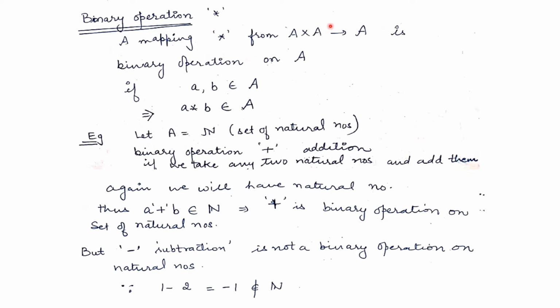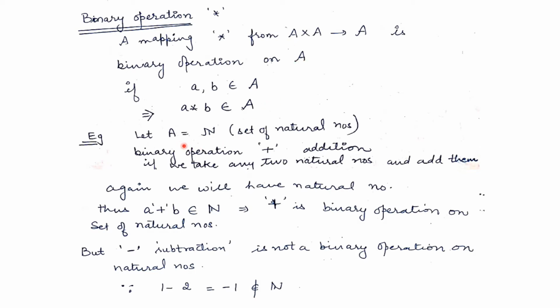Again we have an element of A. So if we take a and b from set A and apply star, and a star b is also a member of A, and this is true for any general elements of this set A, then we will say this star is a binary operation on the set A.